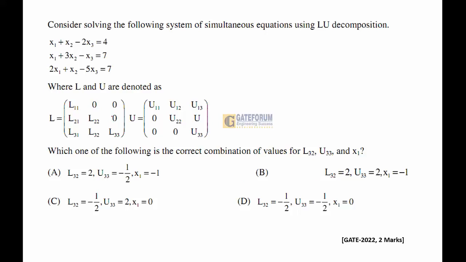According to LU decomposition method, either we take lower triangular matrix diagonal elements as 1 or diagonal elements of upper triangular matrix equal to 1. But here, in all the options, the third diagonal element of U, that is U33, is not equal to 1. So that's why we must consider the lower triangular diagonal elements equal to 1.